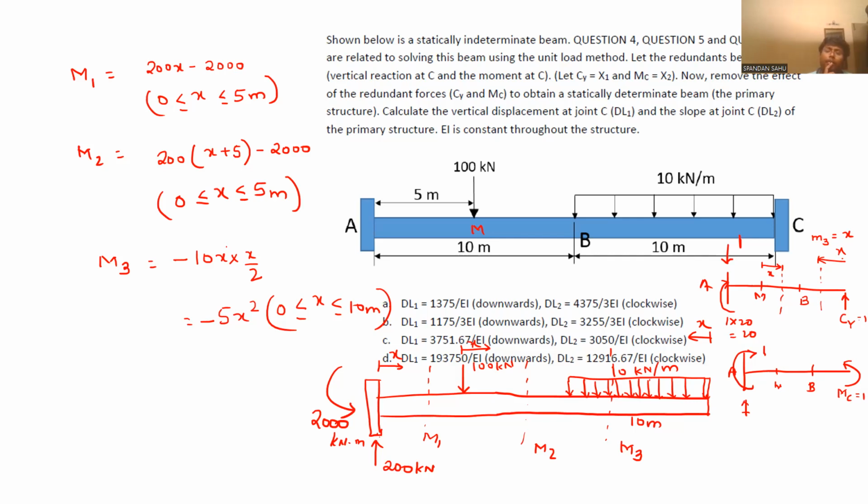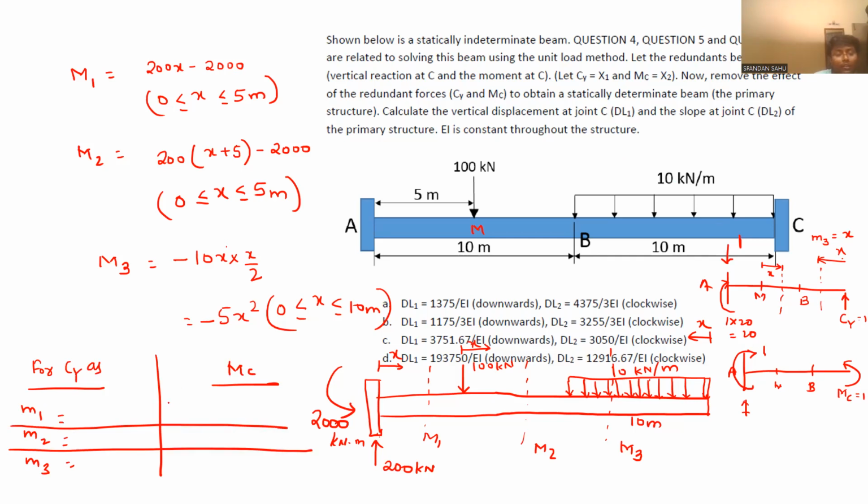Why 0 to 5? I'm asking for M1. Sorry, M3. You just tell for CY as redundant, you tell me M1, M2, M3. Similarly for MC, you tell me M1, M2, M3. Let us tabulate it. Tell me M1.